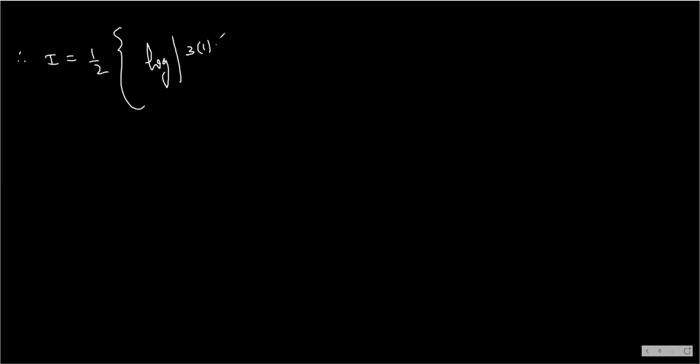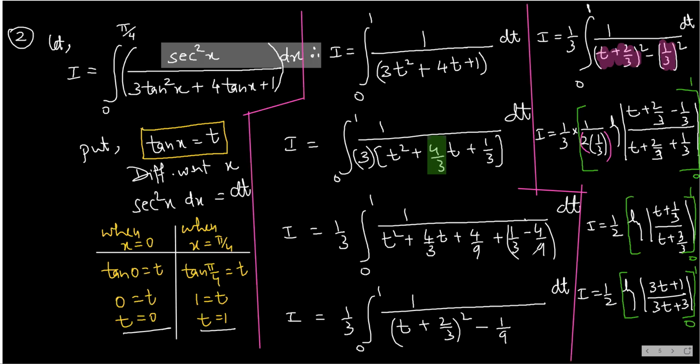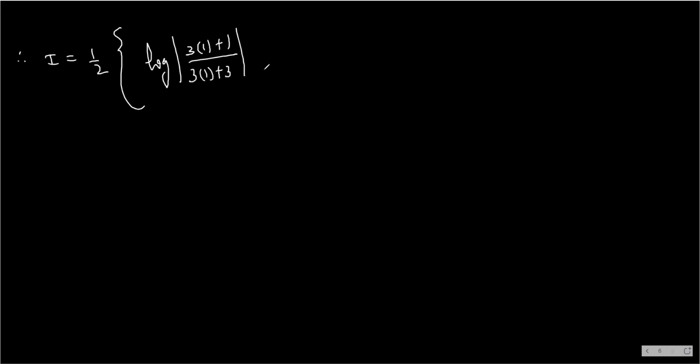Then wherever you have t, you will write 0. So minus log of (3 into 0 plus 1) upon (3 into 0 plus 3).